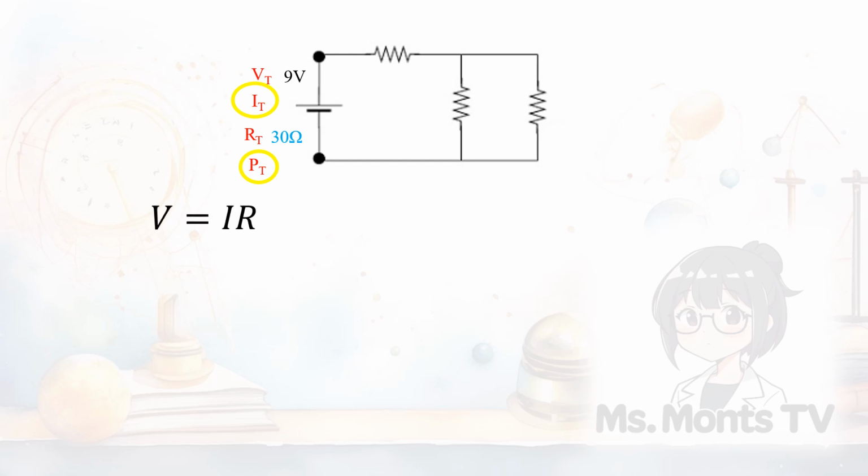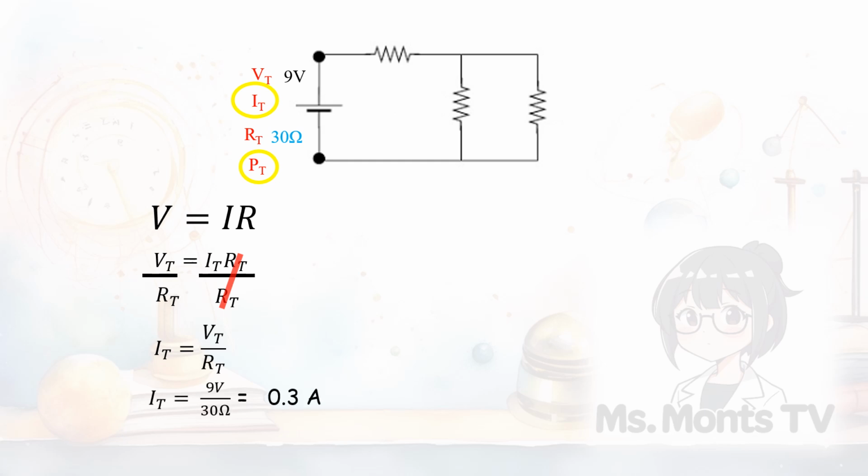Remember, voltage is equal to current times resistance. So V total equals I total times R total. For me, it's easier to derive than to memorize. So I can solve for I: I equals V total over R total. That is 9 volts divided by 30 ohms equals 0.3 amperes. So that's our I total.